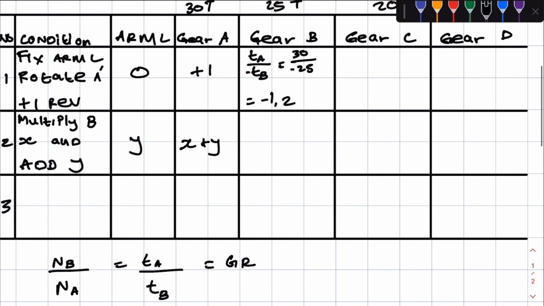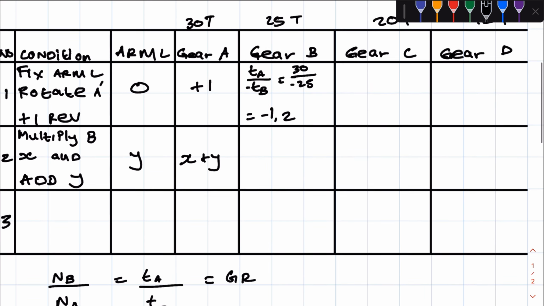Now we do the same thing for gears C and D. We treat gear C as the input because we are treating gear A as the output, so the result is basically the same: TA, the analyst, over TC.